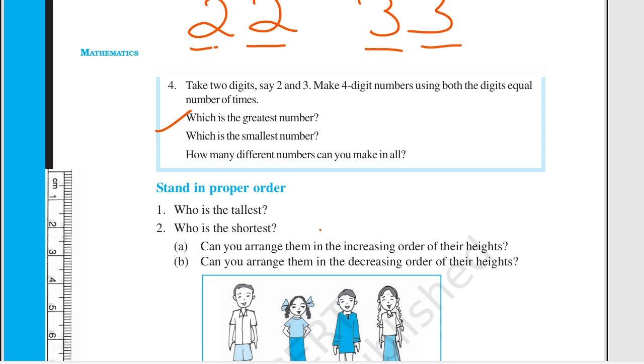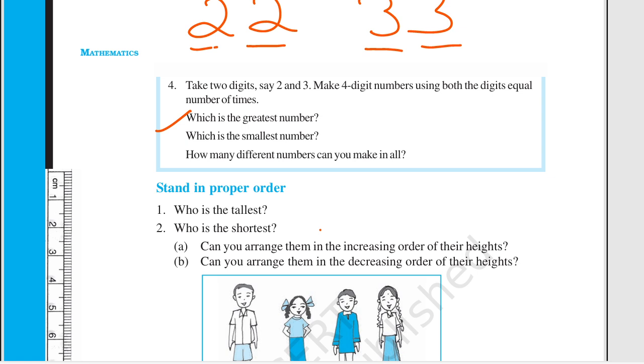Okay, now what is the third question saying? Please listen carefully. How many different numbers can you make in all? Means while using 2 and 3. How many numbers can we make?